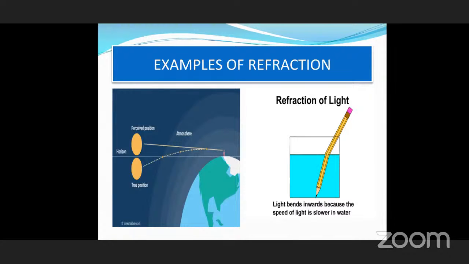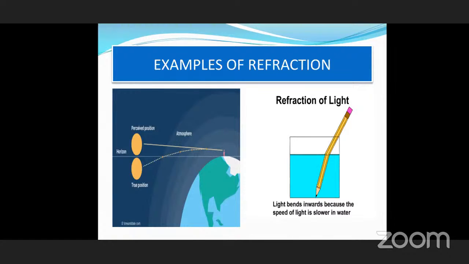And in the first diagram, you can see in nature the position of the sun, and while you are standing on the earth, we are observing sunset and sunrise. The actual sunrise and sunset times are slightly different from what we observe.